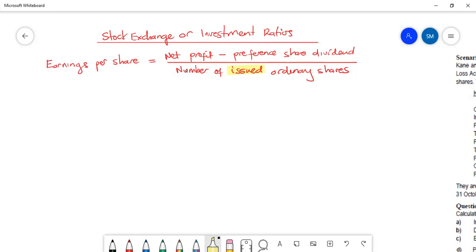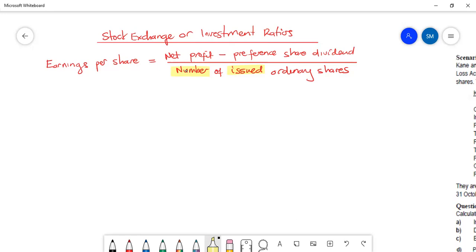You only divide your profits that are readily distributable to ordinary shareholders by the number of issued ordinary shares. Remember, this is not a value. You're not dividing it by the value of your issued ordinary shares, but by the number of issued ordinary shares. So at times the question might come with a value and the share price, and it won't have given you the number of ordinary shares.